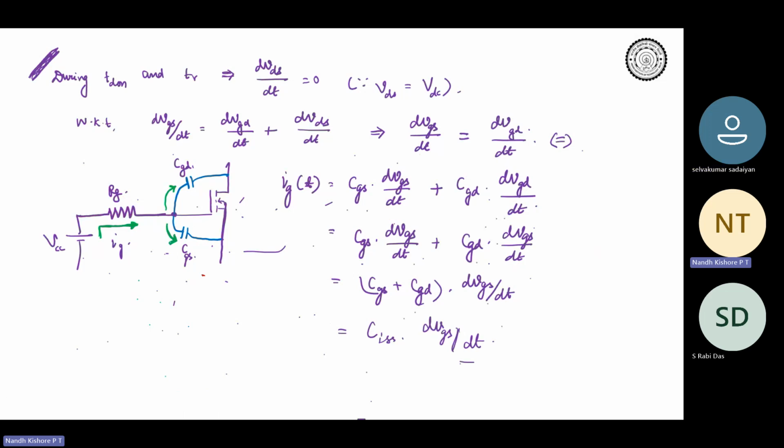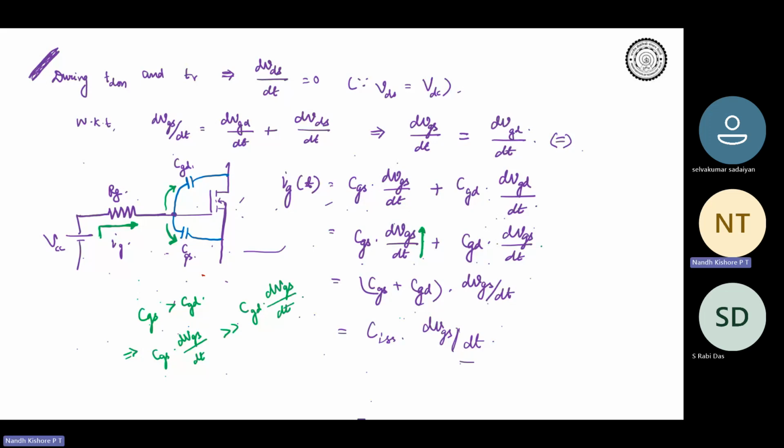Because CGS is very high compared to CGD. So this component would be much higher than that component. Therefore, CGS into dVGS by dt is more than CGD into dVGS by dt.